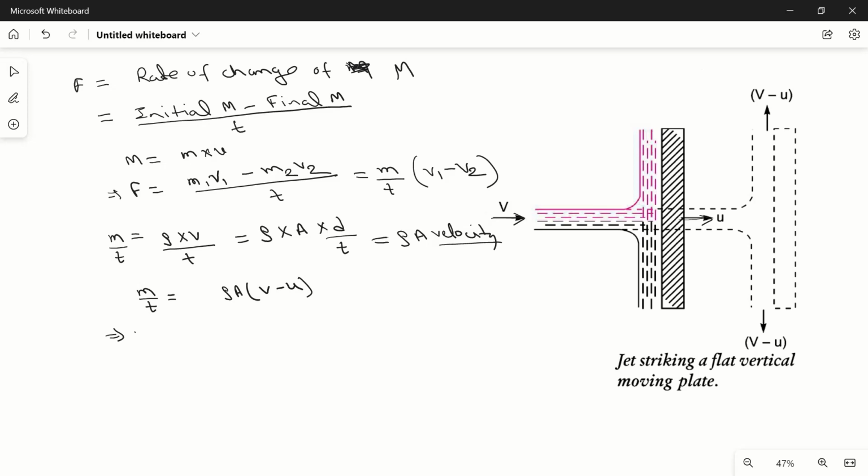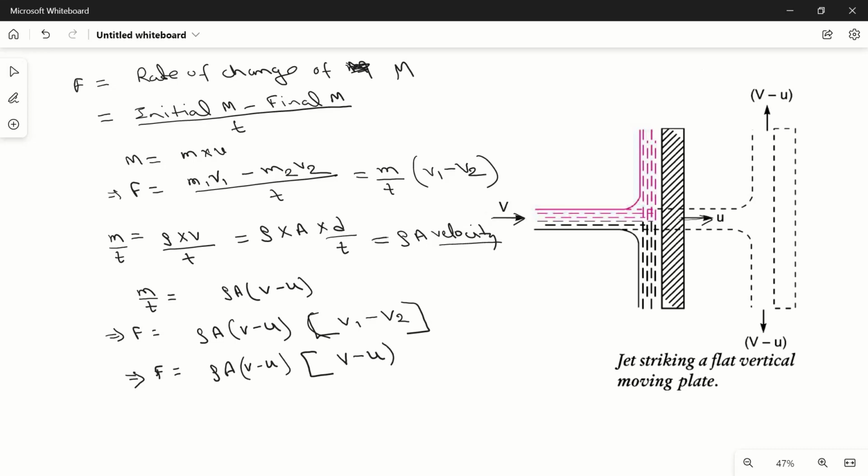So F will be rho a (v minus u) into (v1 minus v2). So F will be rho a (v minus u) into what is v1? The initial velocity with which the jet is striking this plate is the relative velocity v minus u, and the final velocity will be 0.